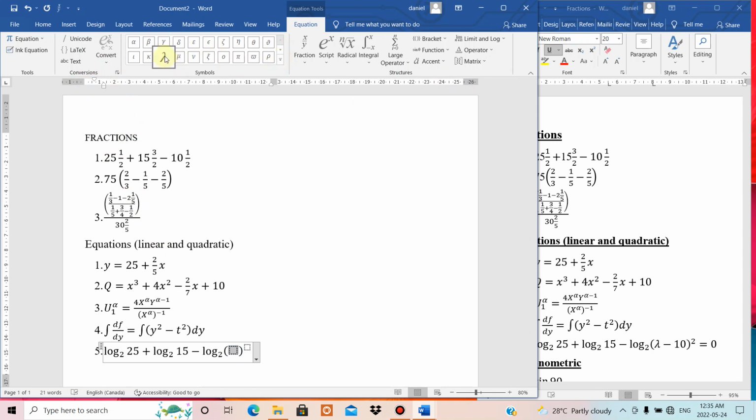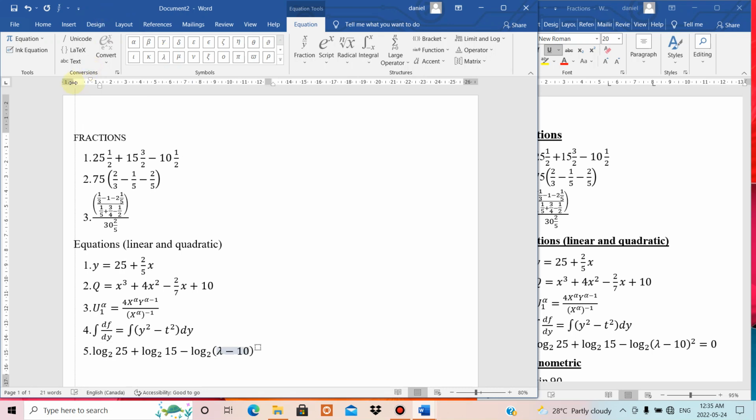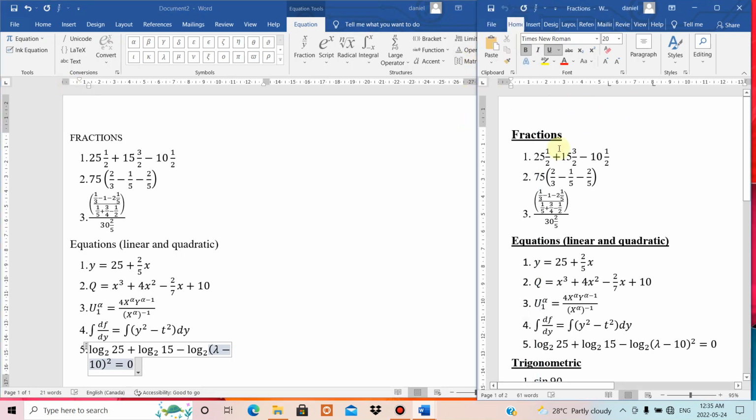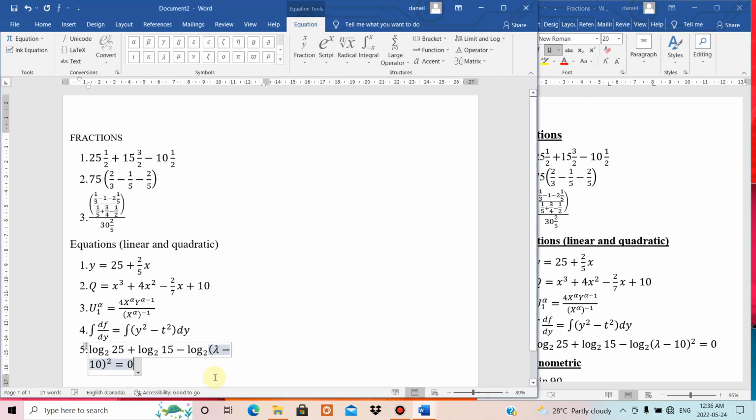Lambda is a Greek letter, so that is lambda minus 10 exponent 2, which is equal to 0. So that is that.